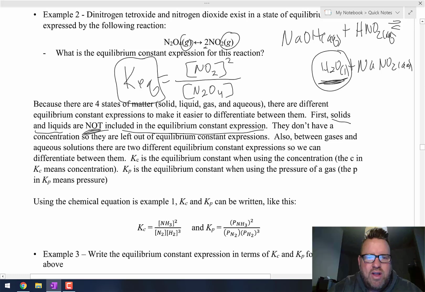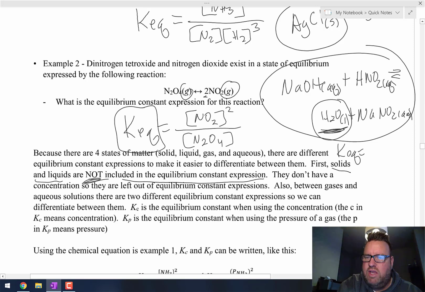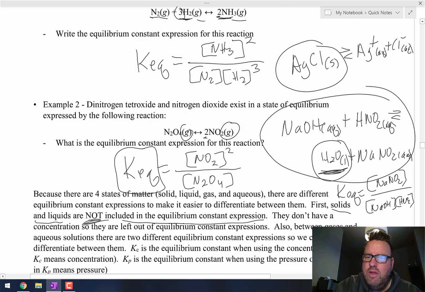They don't have a concentration, so you simply leave them out. For example, on this one, we would write KEQ is equal to the products, so the concentration of NaNO2 over the concentration of NaOH times the concentration of HNO2. Notice that I just completely left the water out.